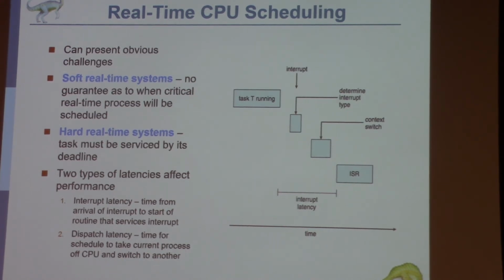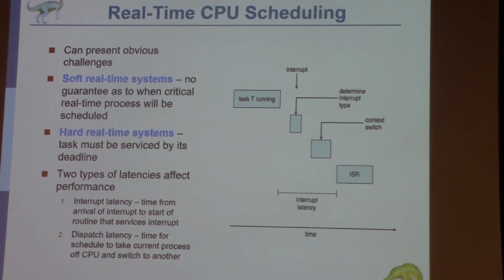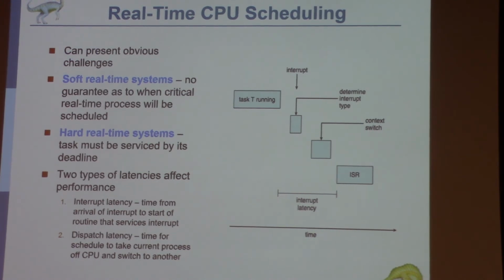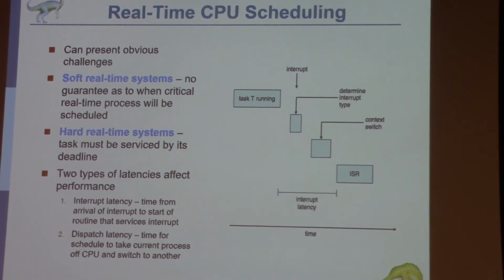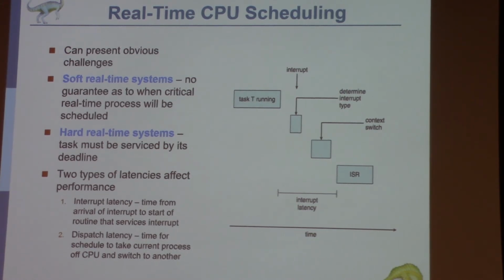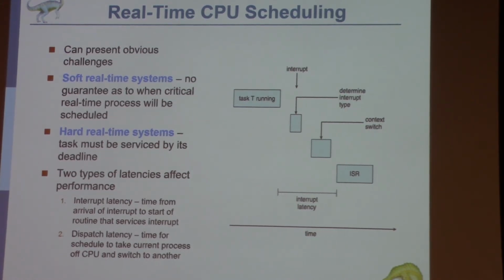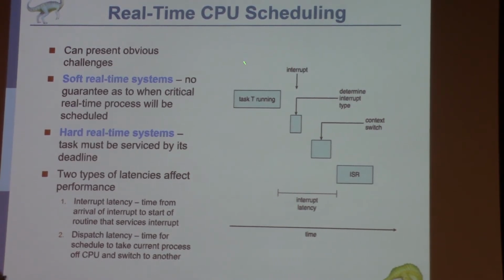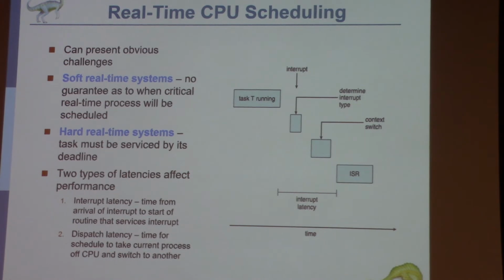So within a certain amount of time, the deadline, something should be processed. That is real time. When we talk about real-time CPU scheduling, it means intuitively fast, but the more important thing is whether each process meets its deadline or not.